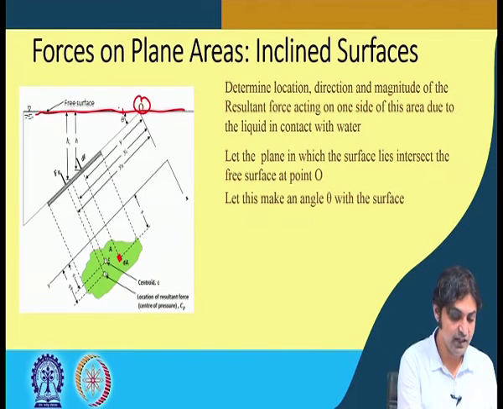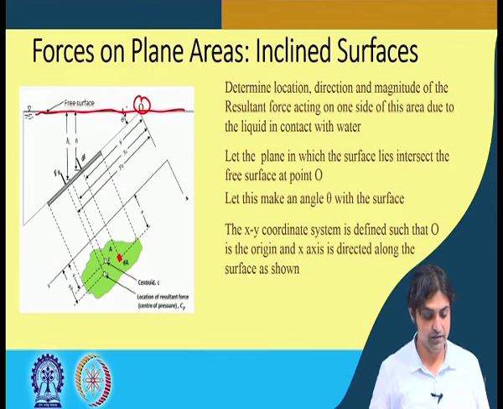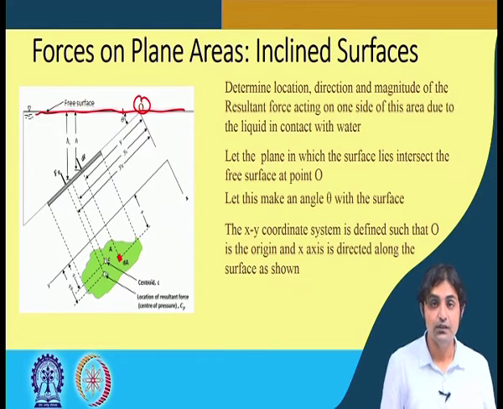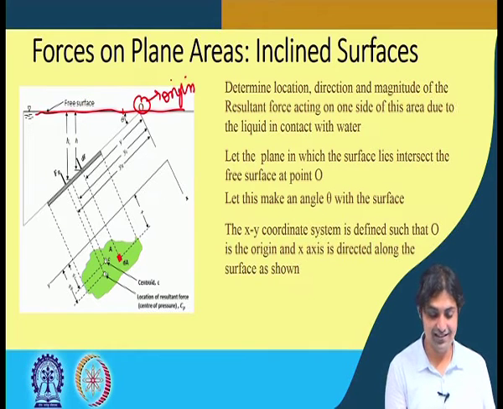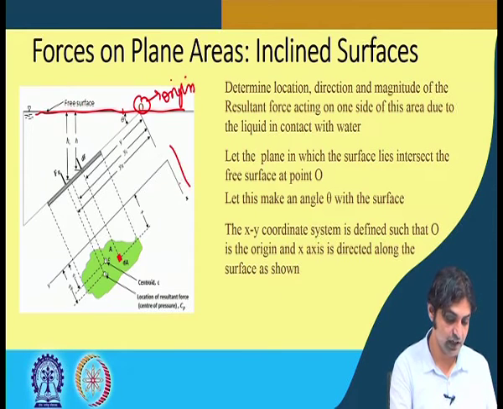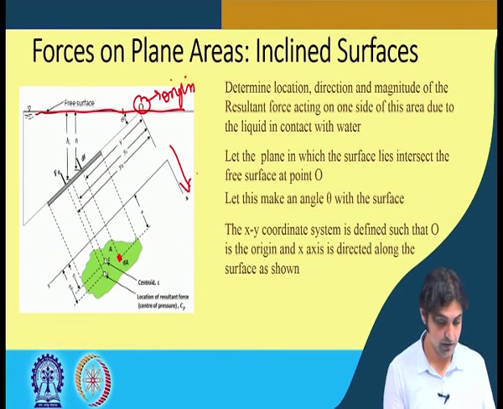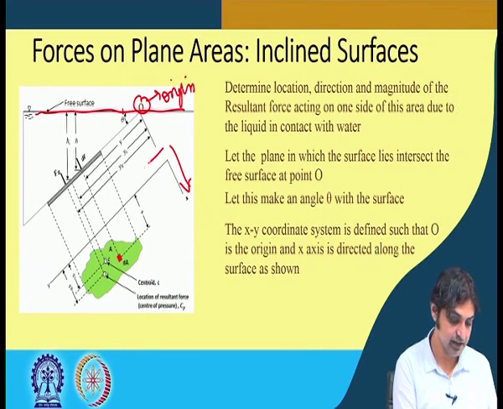And let this make an angle theta with the surface. The xy coordinate system is defined such that O is the origin, so this is also the origin, and the x axis is directed along the surface as shown. So this is x axis and this is y axis.